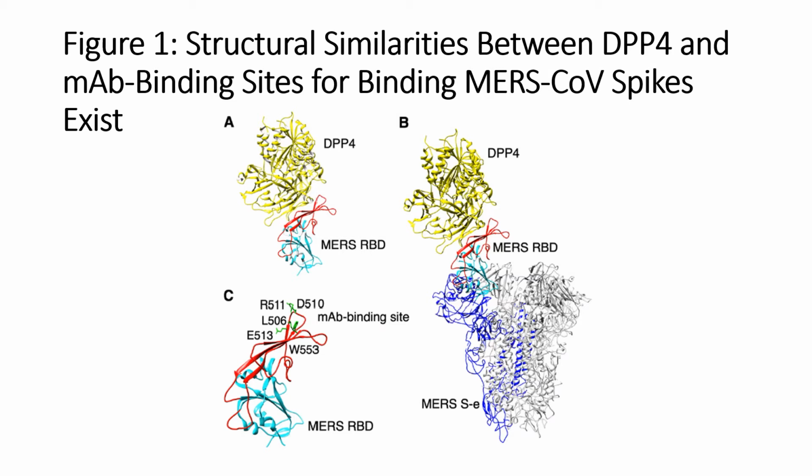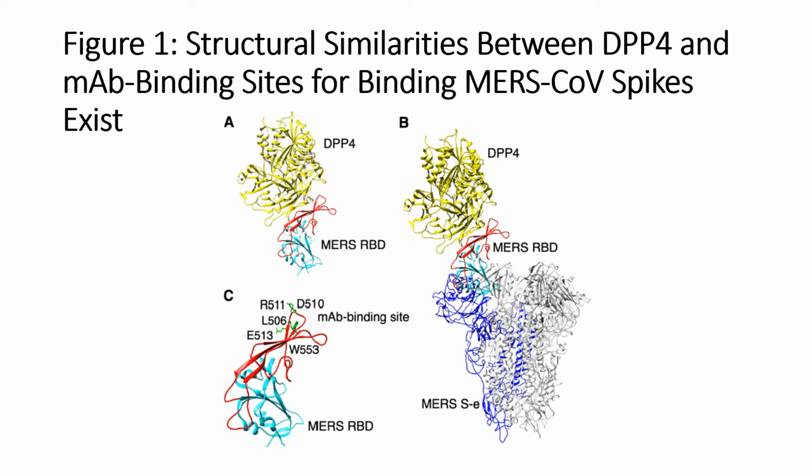And both S1 receptors contain a receptor binding domain to mediate the receptor recognition. So in 1A, this is just showing the tertiary structure of the MERS-CoV RBD complexed with the DPP4. So this is your natural state. And DPP4 binds to the receptor binding motif of the RBD.